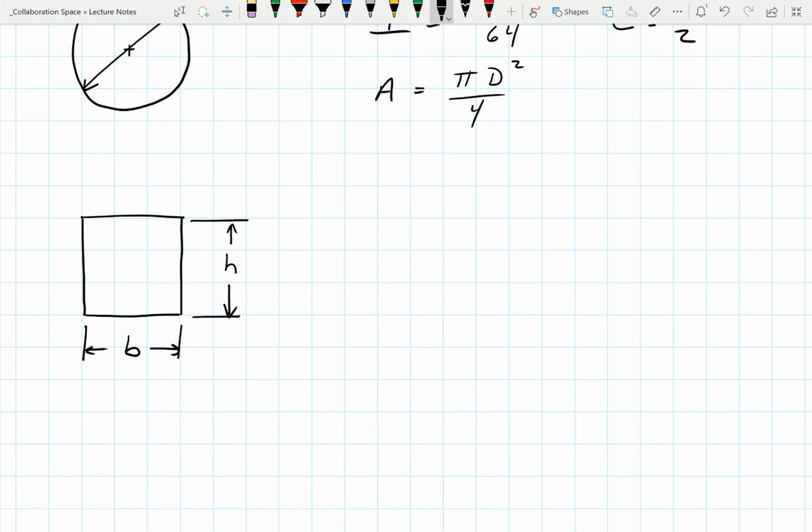Cool. All right, so I got that done on here. What's the I for a square? Okay.